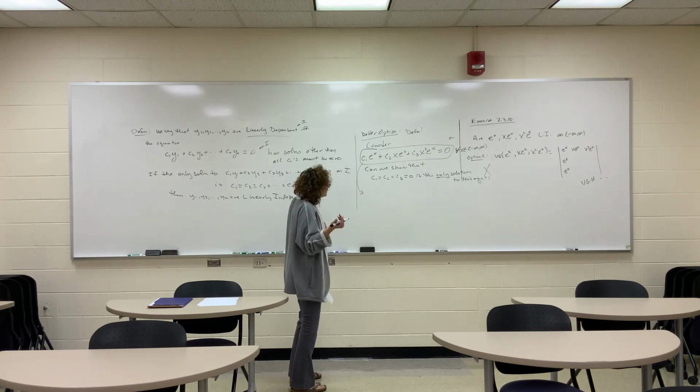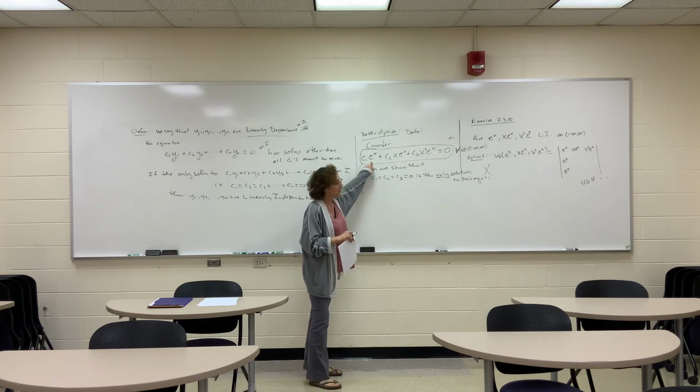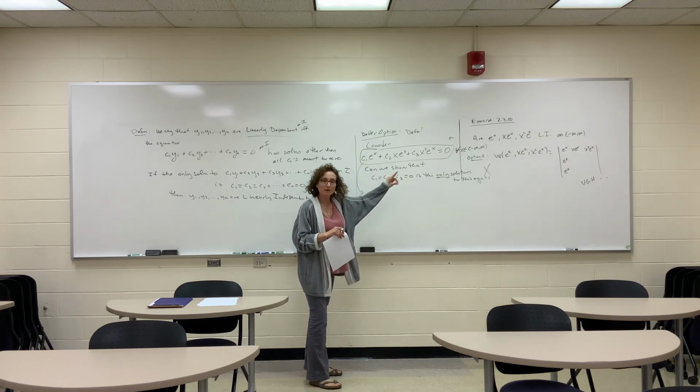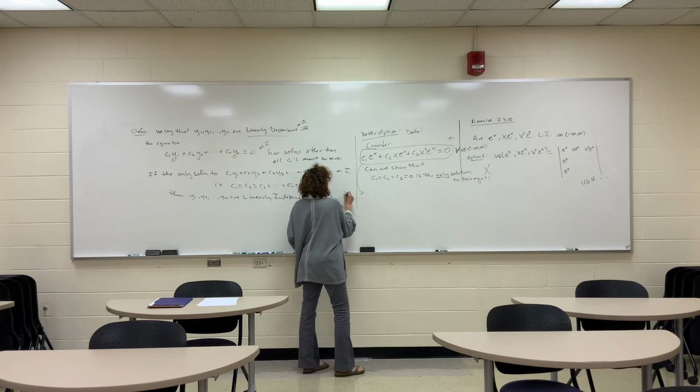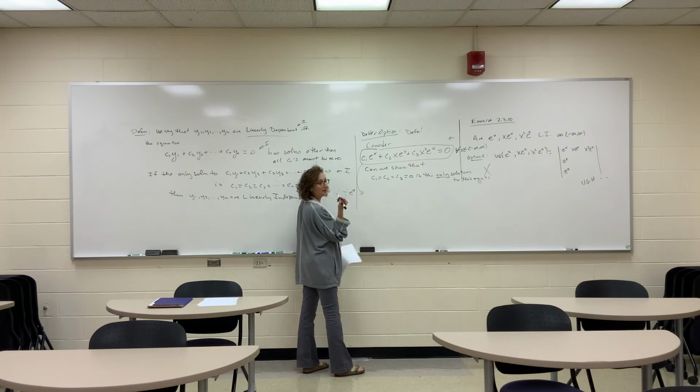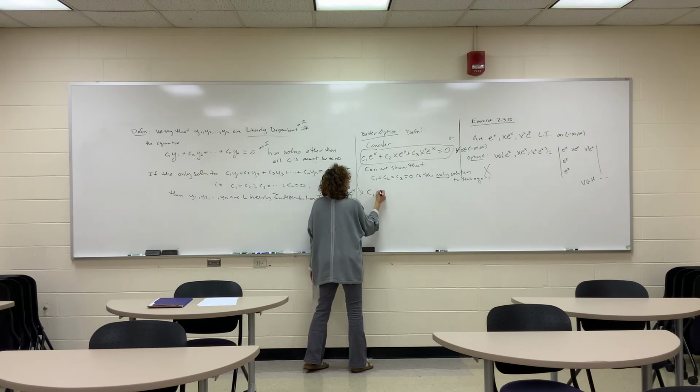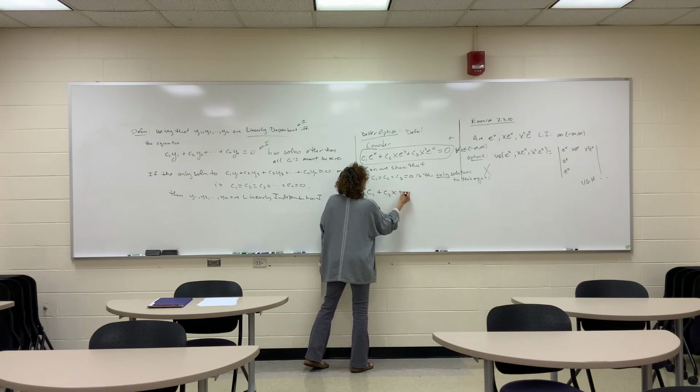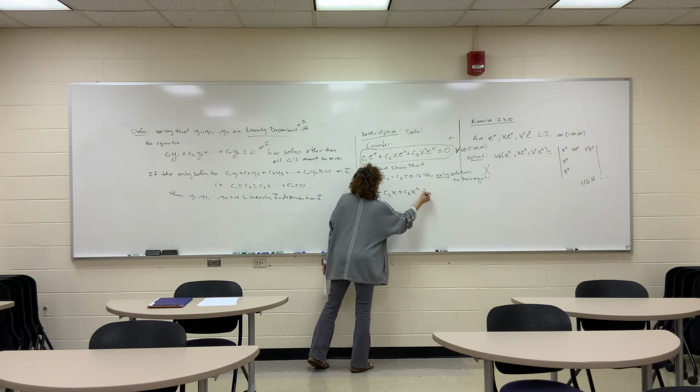But what's one thing we could do here to make our lives a little bit simpler? Well, we know e to the x is always positive, so we could divide this whole equation by e to the x. It's always positive, we're not dividing by 0. What do we have? c1 plus c2 x plus c3 x squared is equal to 0.